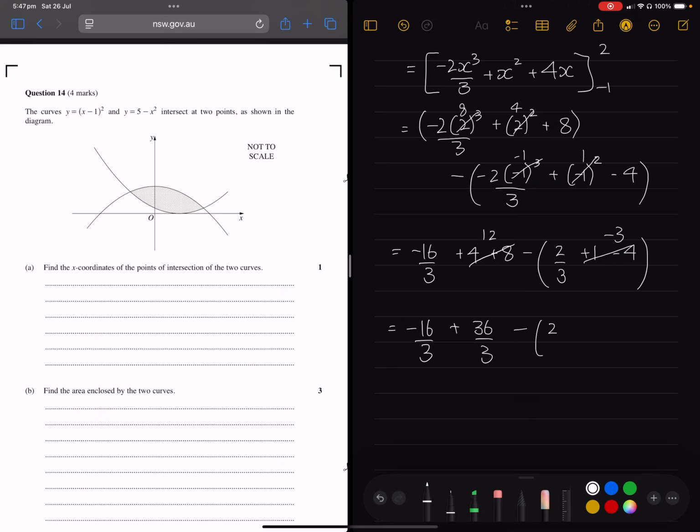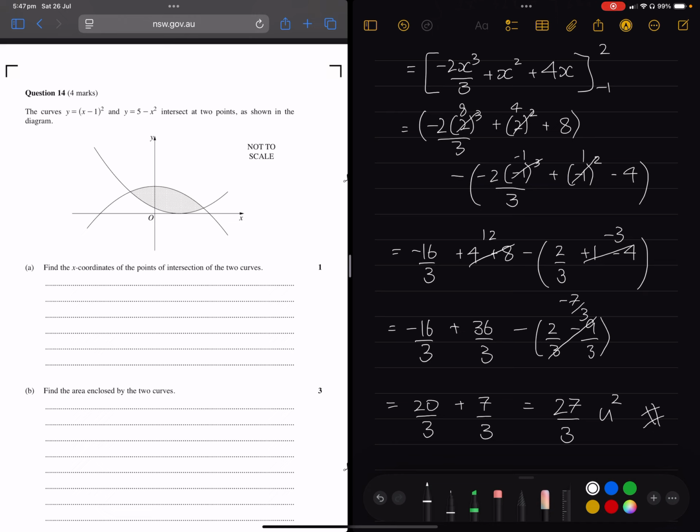So this is minus 2/3 minus 9/3, which becomes minus 7/3. So we have minus 16 plus 36, that's 20/3, minus 7/3, plus 7 thirds. This gives me 27 thirds units squared.